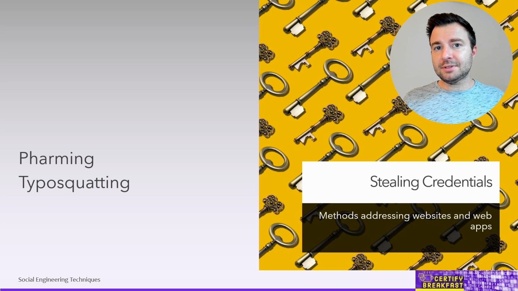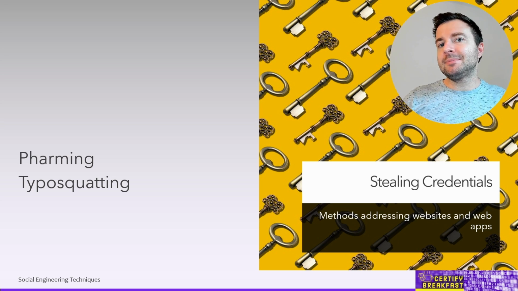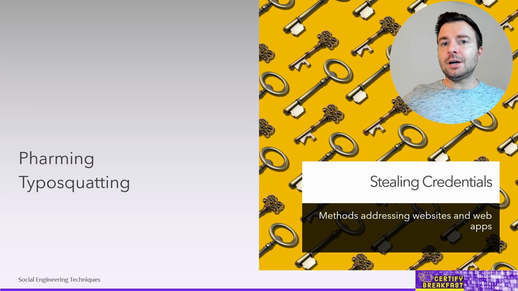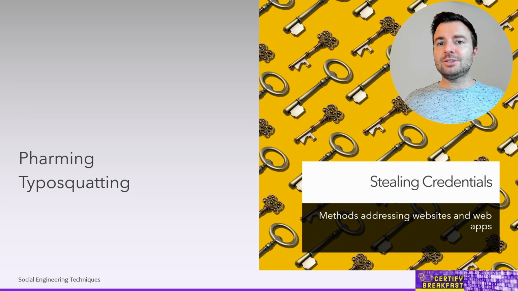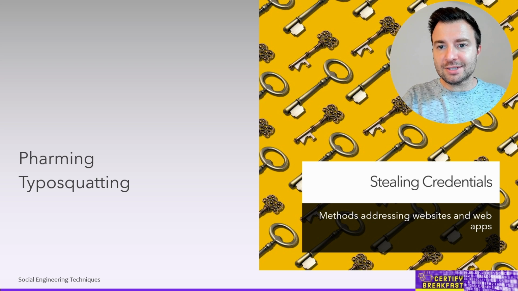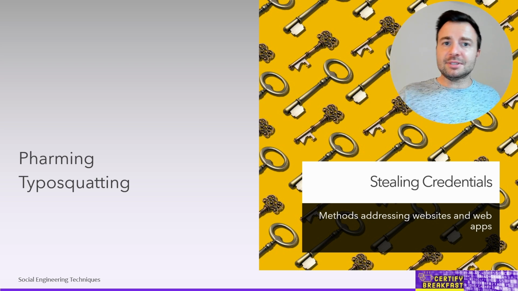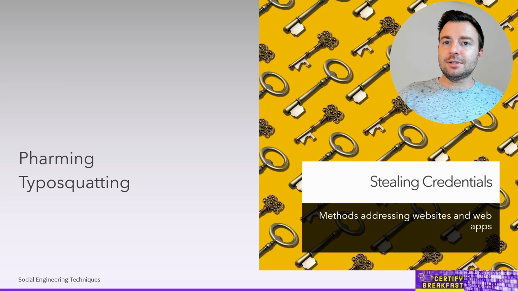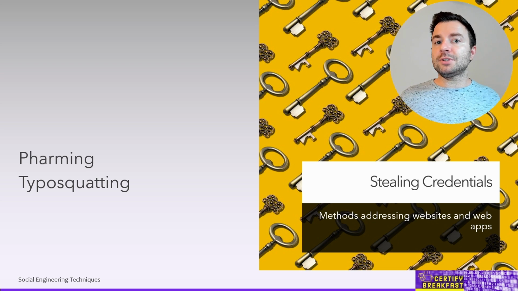Typo squatting, again, is a very simple method of trying to gather valid user accounts simply by registering domain names that closely resemble well-known services or well-known companies on the internet. Simply by changing an O to a 0, or just doubling a letter, or just making an intentional typo between 2 adjacent letters on the keyboard, because many people sometimes mistype those domain names when they're trying to access websites such as Google or Amazon or Netflix or any well-known services out there.